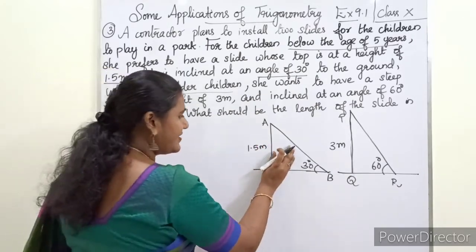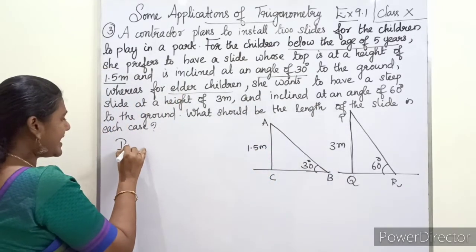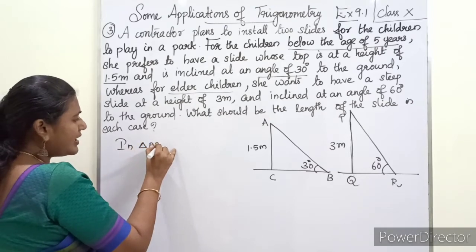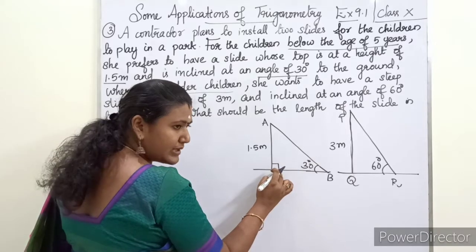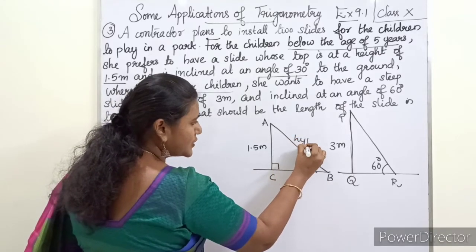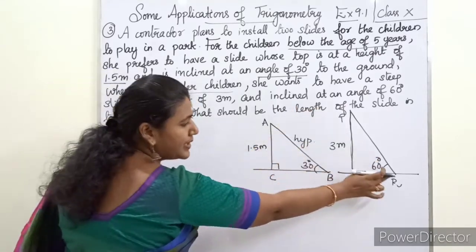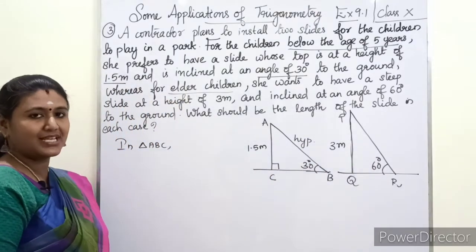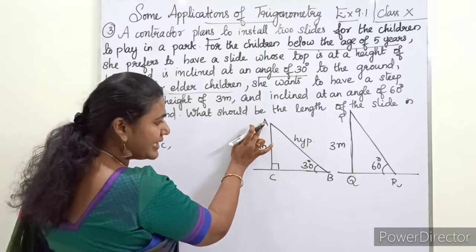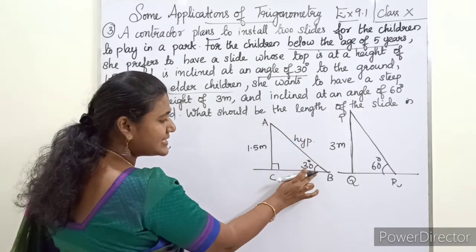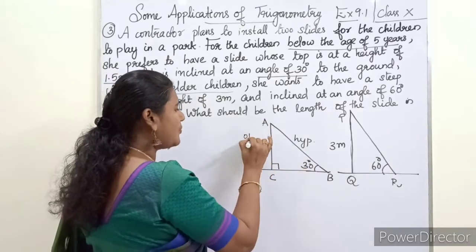So we will take the first case in triangle ABC. Here this side is opposite to 90 degree, that is the hypotenuse. So AB and PR are the lengths of the slides in the 2 cases. For the first case we have to find AB, and with respect to this 30 degree, this side is the opposite side.